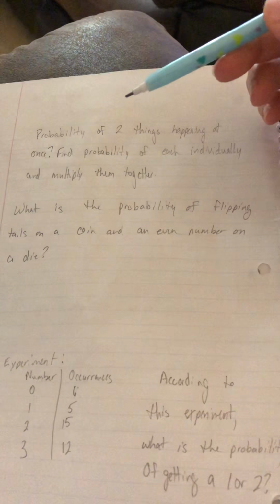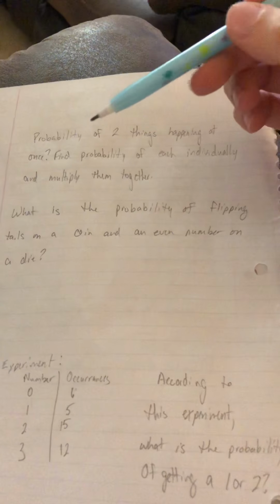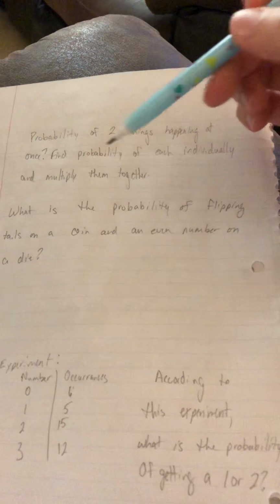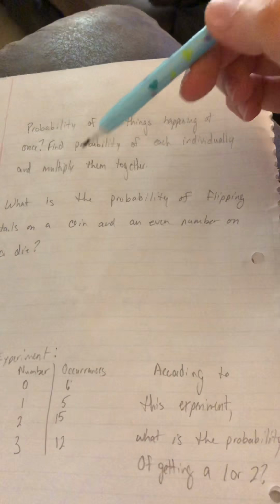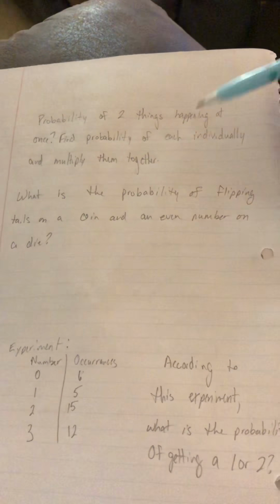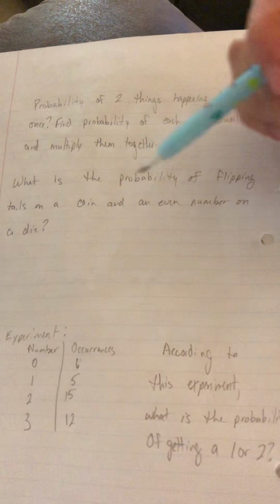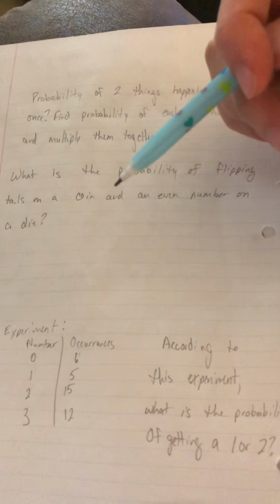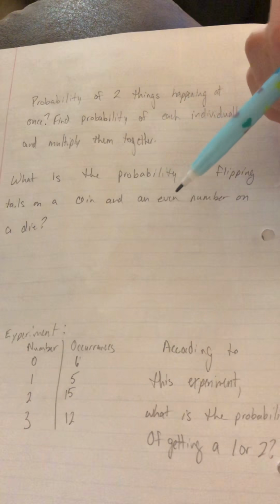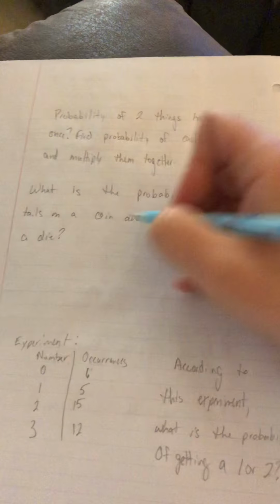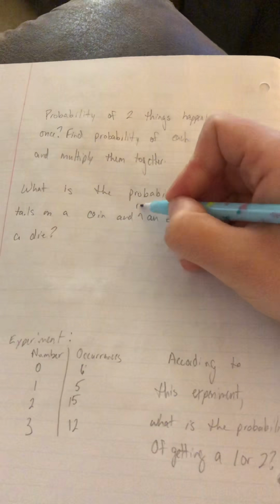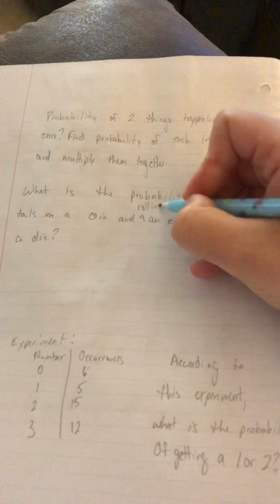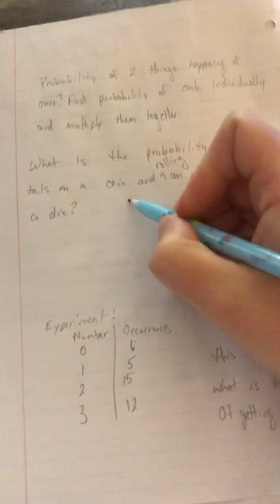So this says the probability of 2 things happening at once. You have to find the probability of each individually and then multiply them together. So for example, what is the probability of flipping tails on a coin and, sorry, rolling an even number on a die.